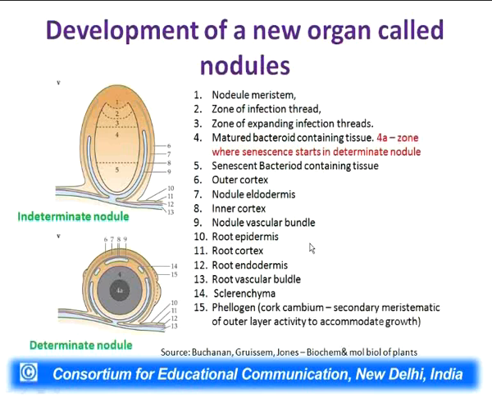These are the nodule structures I showed you in this slide before. Some nodules grow round, and once mature they stop dividing, like a determinate organ, whereas some keep growing, like the one shown at the top.